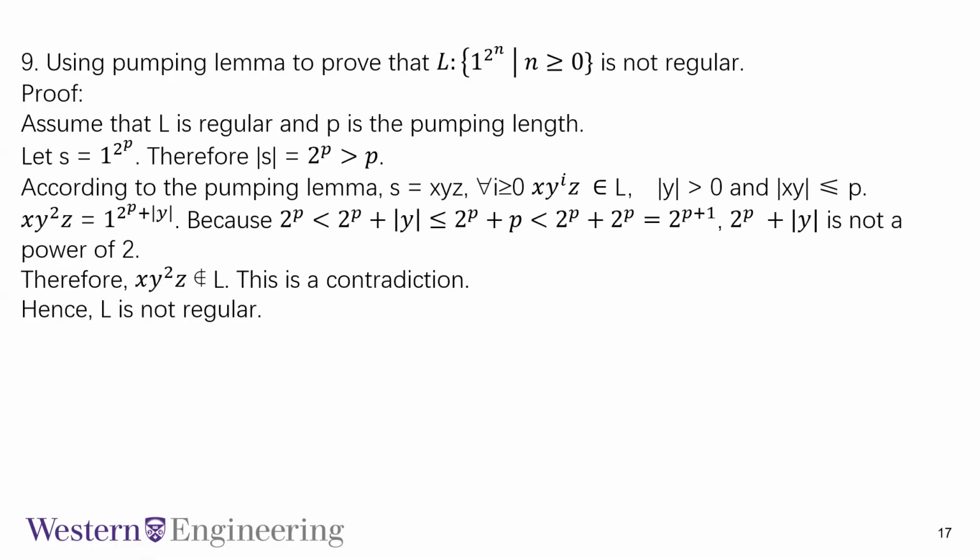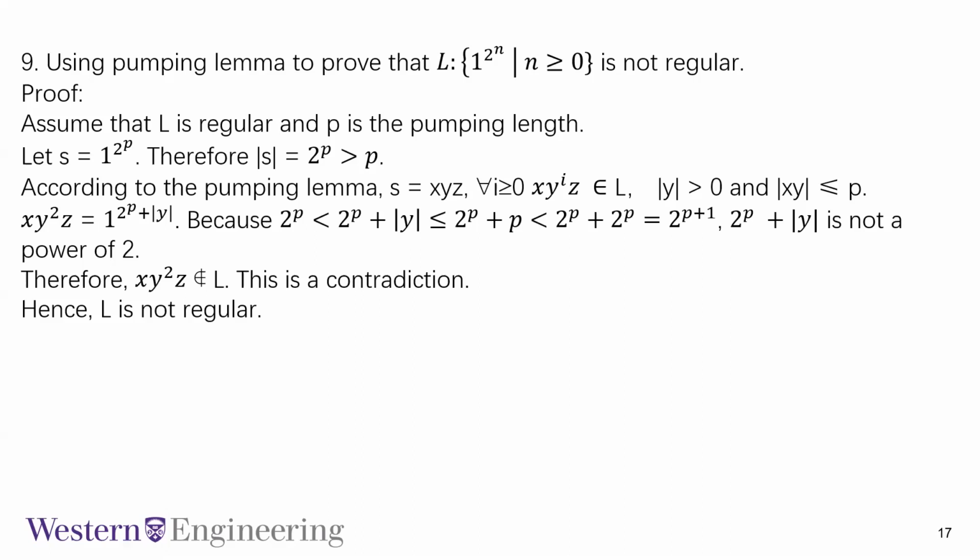The first step is to assume that language L is regular and P is the pumping length. And here we choose the string S equals 1 to the 2 to the P. Therefore, |S| equals 2 to the P, which is greater than P.